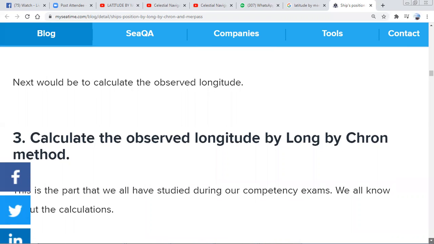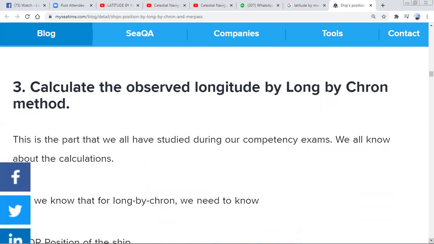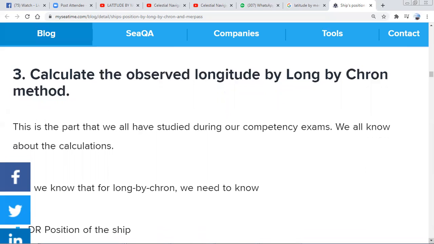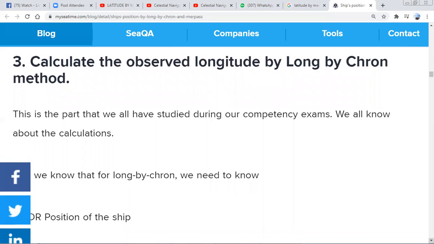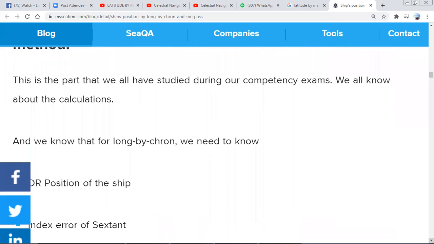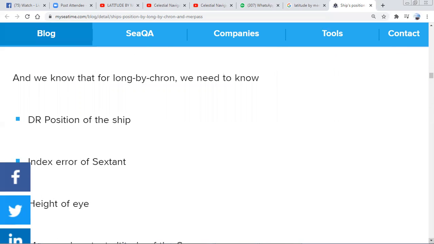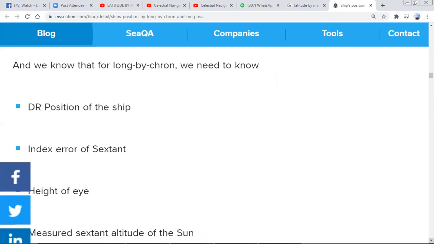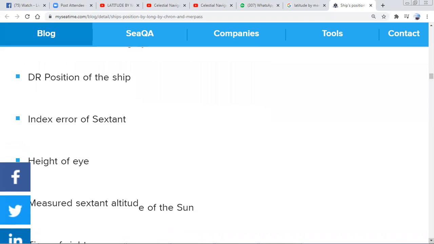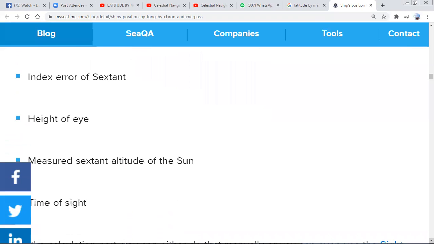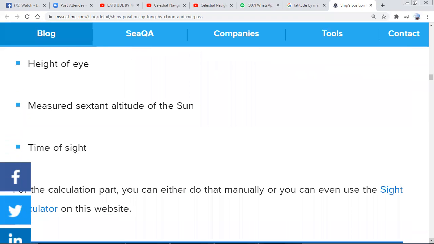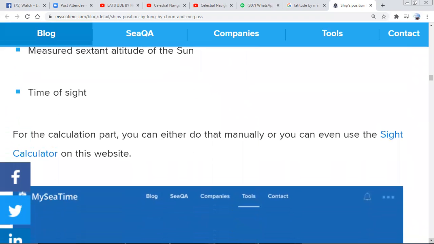Next we have to calculate the observed longitude. That's our method to calculate the longitude by chronometer time. For longitude by chron we need the DR position, the index error, height of eye, measured sextant altitude of the sun, and time of sight.